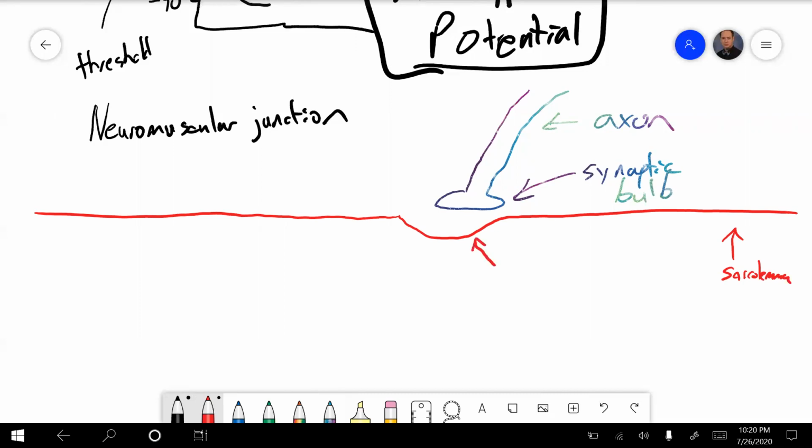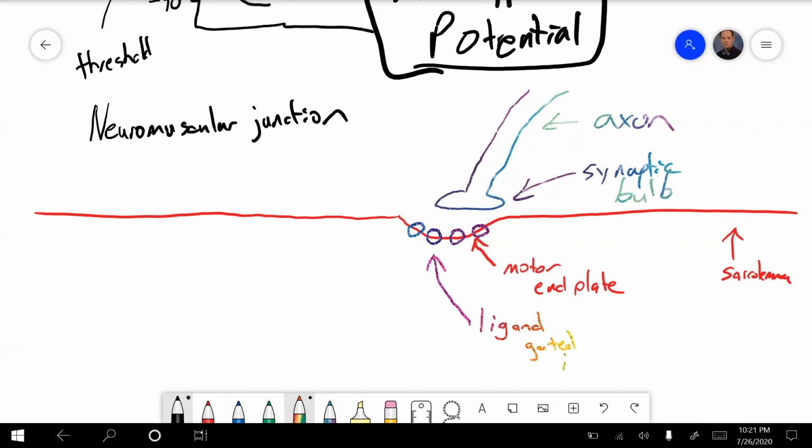This little part of the sarcolemma where you have this little indentation is called the motor end plate. Now on that motor end plate, we're going to have these little things. These are ligand-gated ion channels. More on that in a bit.